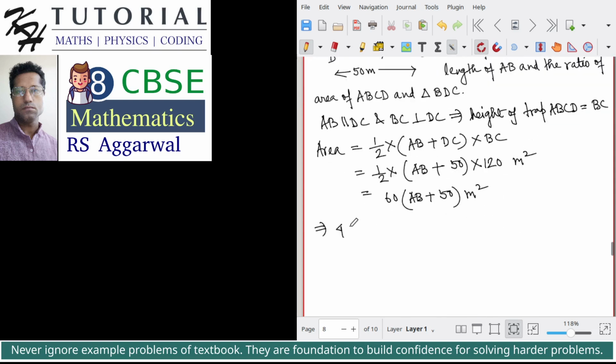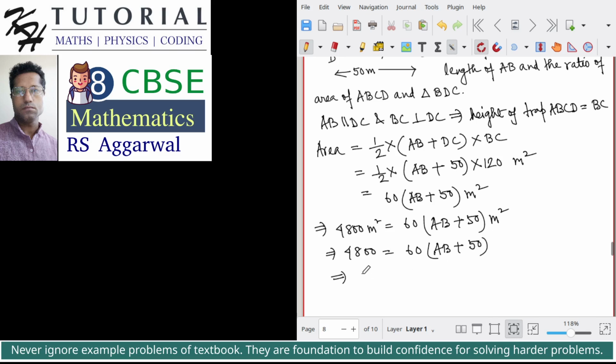So we have 4800 meter square is equal to 60 multiplied by (AB plus 50) meter square. If we ignore the units meter square, we will have 4800 is equal to 60 multiplied by (AB plus 50).